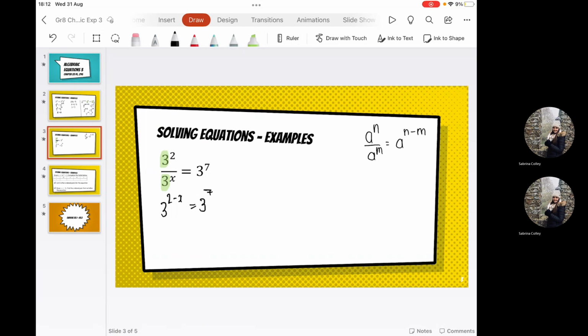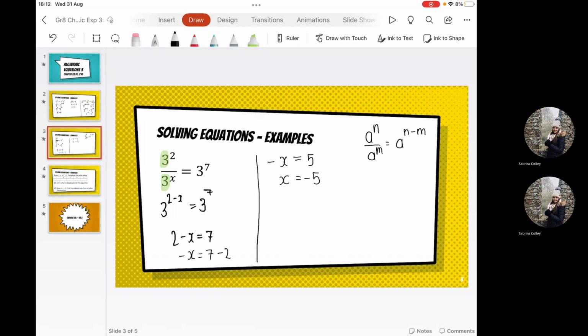Are my bases the same on both sides of the equal sign? Yes. So now I can drop my base and just work with my exponents. I take the 2 to the other side and I get negative x is equal to 7 minus 2. So negative x is equal to 5. Get rid of that negative and you get x is equal to negative 5.